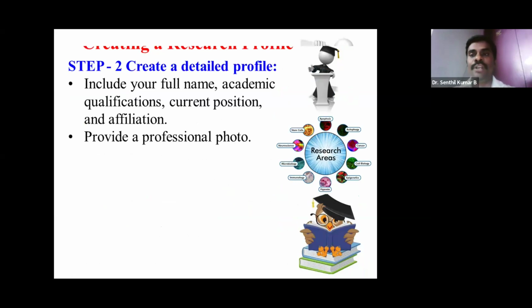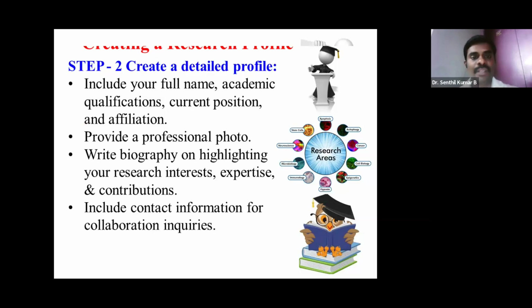This is very important because you're going to have this profile for the scientific community and the research community, so please be professional and upload your professional photo. Write a biography highlighting your research interest, expertise, and contributions. It should be very short and clear-cut. Just give what your research interest is, what your expertise is in the particular field, and what your contribution is to that field.